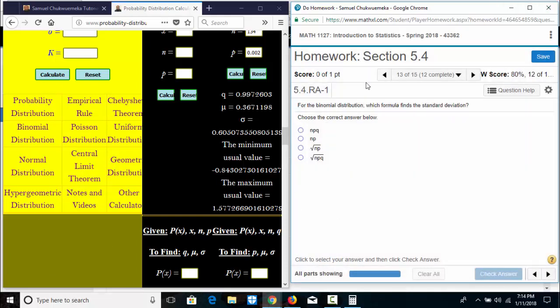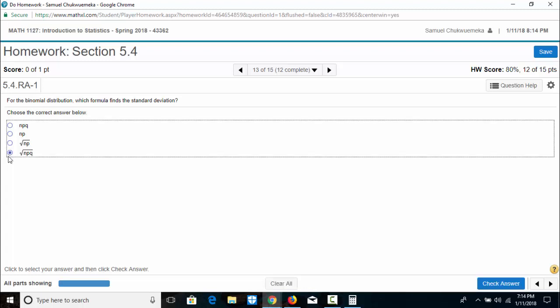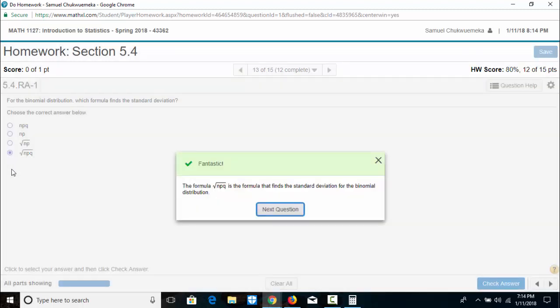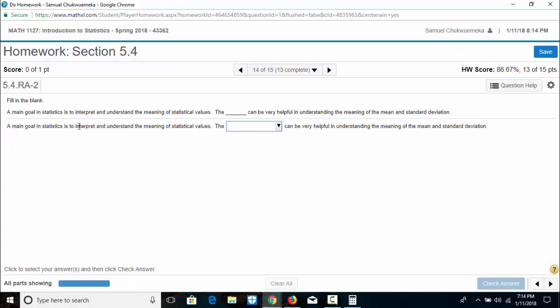I think the rest is not calculations anymore. The standard deviation is the square root of npq. That's the standard deviation of a binomial distribution. The main goal in statistics is to interpret and understand the meaning of statistical values.